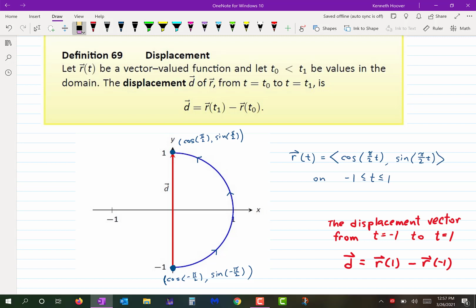Up. Now it actually traveled more than 2 units because it went in a semicircular path, but its displacement from the beginning to the end is 2 units up.